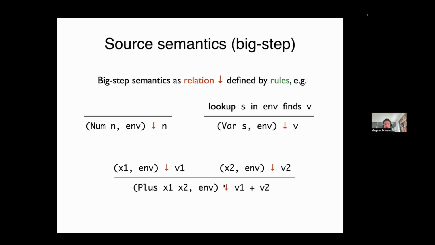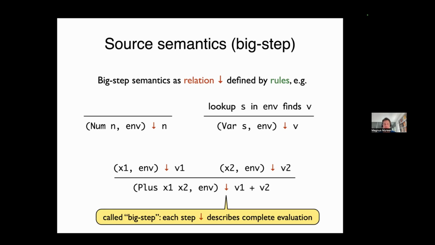And the result of the plus will be v1 plus v2, which is just natural number plus. I hope these definitions don't come with any surprises. If they do, then say something in the chat. Yes, this is a big step because it describes the complete evaluation.